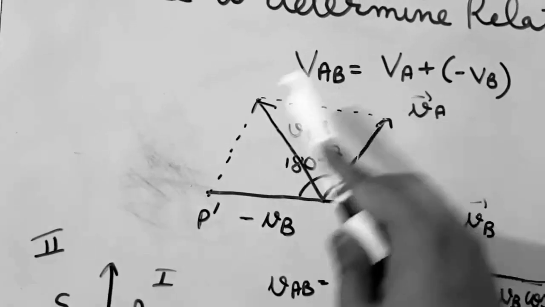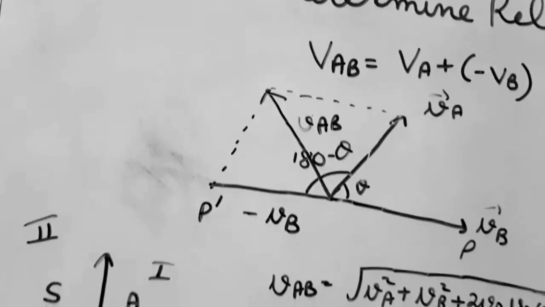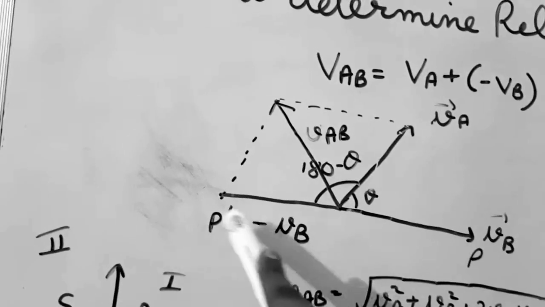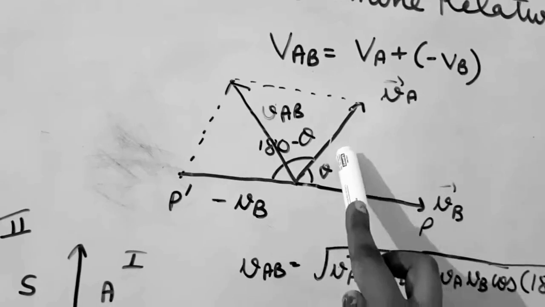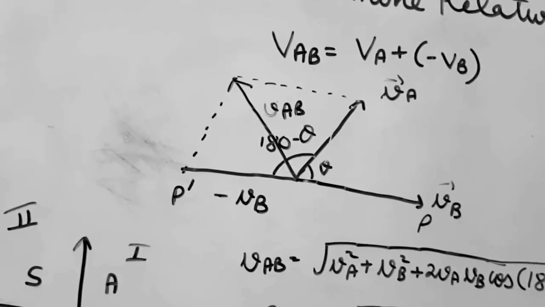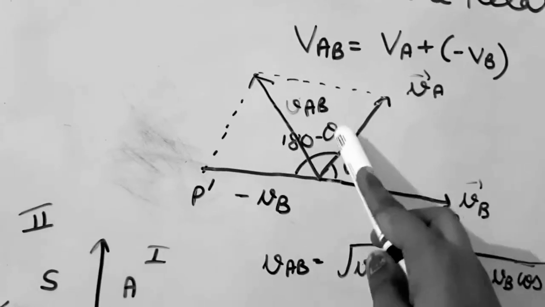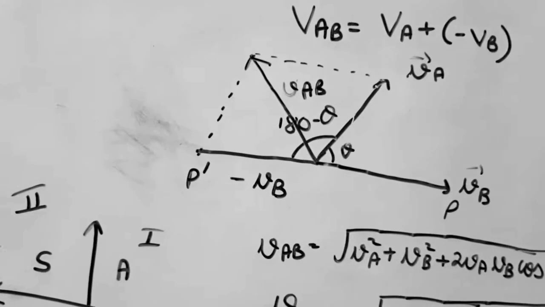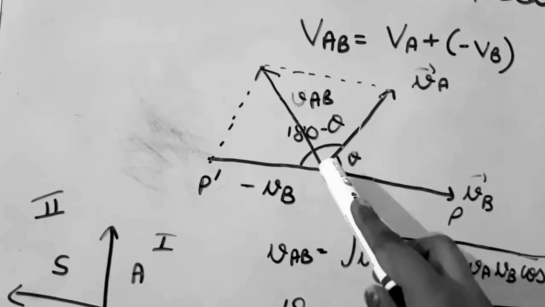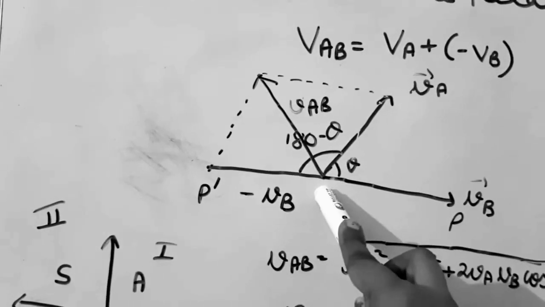So when we complete this parallelogram, we see that VA and minus VB are represented by the two adjacent sides of the parallelogram having an angle 180 minus theta between them. So the resultant of these two vectors will be represented by the diagonal originating from this point.